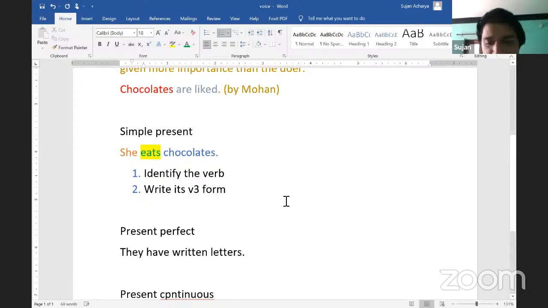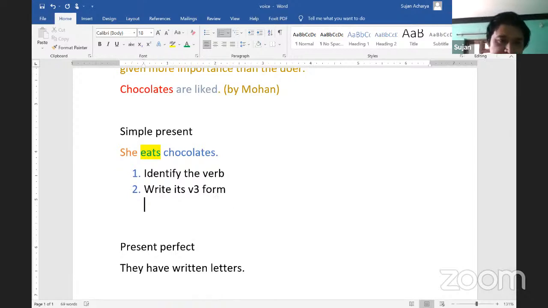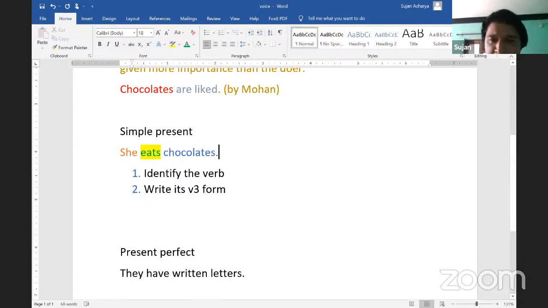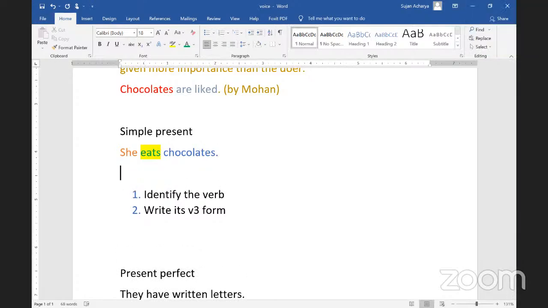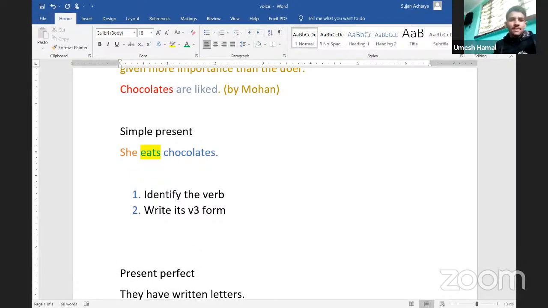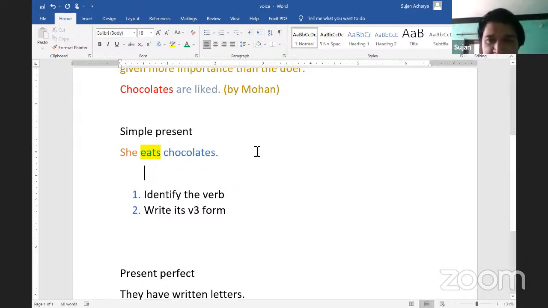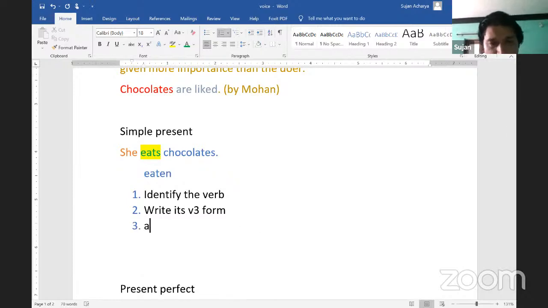What is the V3 form of eats? Is everyone following me? First step, we have identified the verb. Second step, we are writing the V3 form of the verb. Now, third step, add by plus agent.